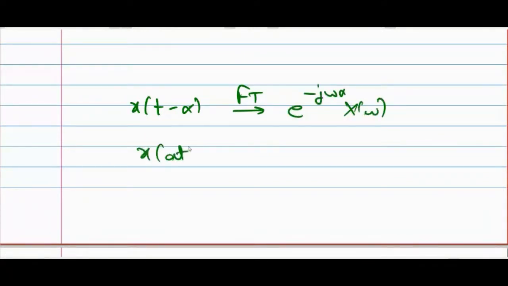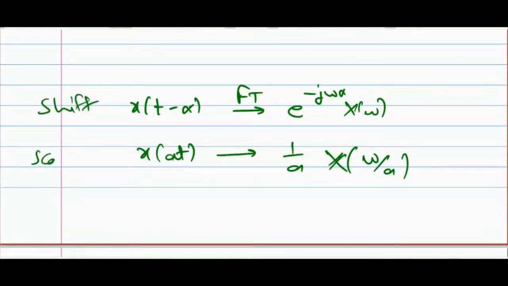According to precedence rule, first we perform time shift, then time scaling. So similarly I write the properties for you: x of t minus alpha has Fourier transform e raised to power minus j omega alpha x of omega, and x of at has Fourier transform 1 by a x of omega by a. प्रेसिडेंस रूल में पहले टाइम शिफ्ट होता, बाद में टाइम स्केलिंग होती.